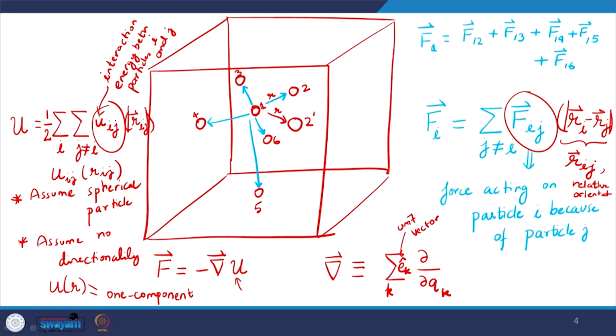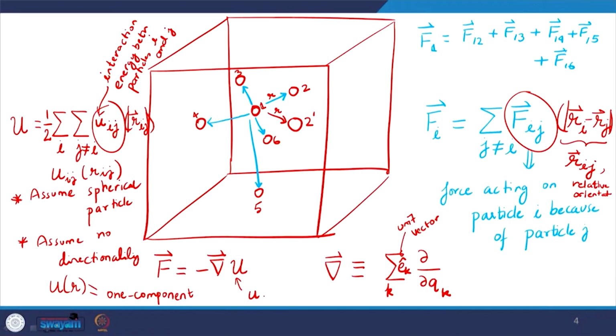If you have a multi-component system, you will define something like U alpha beta of R, where alpha beta refer to the species. Let us say you have species A and B, then you will have UAA, UBB and UAB. So, you will have different mathematical forms for different pairs of species, not at the particle level, but at the level of species. For a one component system, you will have a single u of r.